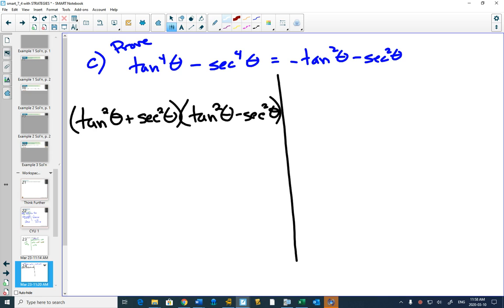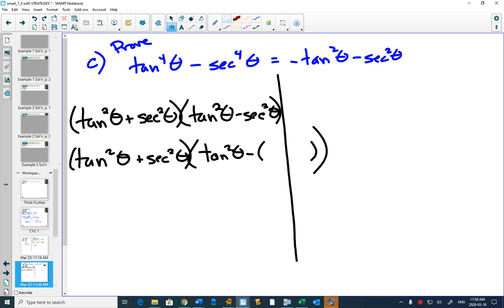So then I'm going to manipulate my second factor. What can I change secant squared to? I can change it to tan squared theta plus 1.